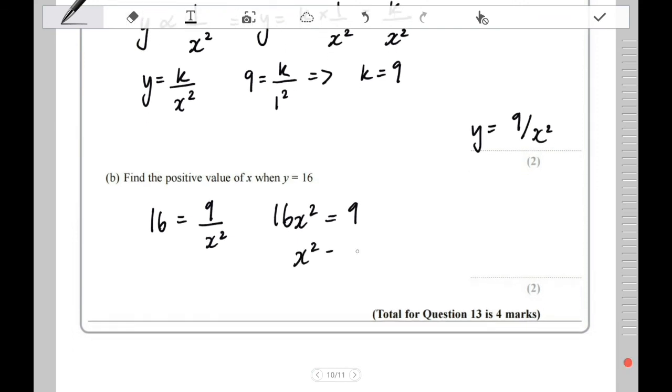X squared equals 9 over 16. Then I'm going to square root both sides. Now I should get plus or minus the square root of this, but because they're only interested in the positive value, I only need to show the positive one, which would be root 9 over 16, which is 3 over 4.